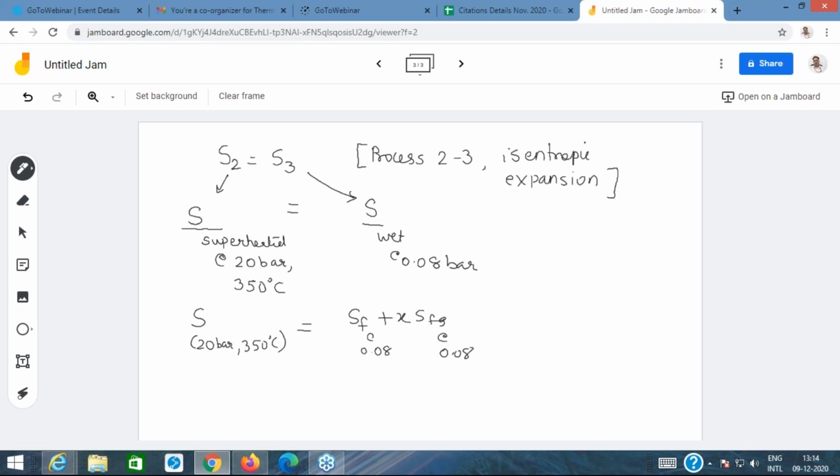And mind well that Sfg is nothing but Sg minus Sf. So S at 20 bar 350 degrees centigrade is equal to Sf at 0.08 plus x into Sg at 0.08 bar minus Sf at 0.08 bar.